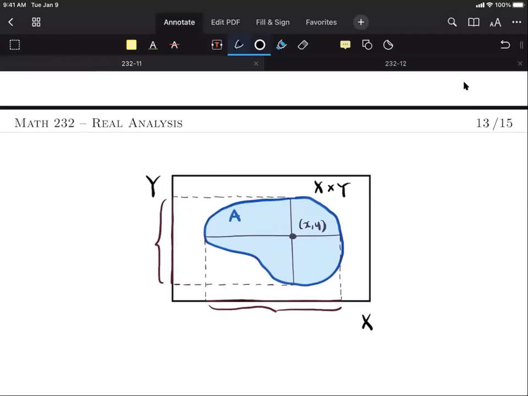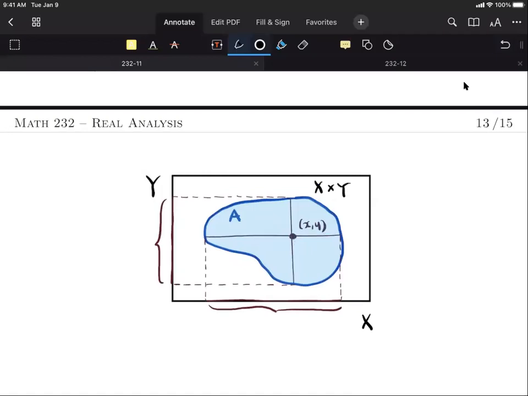And pick a point, an ordered pair (x, y), on the Cartesian product. In this illustration, we took a point inside A, but of course, you can also take a point outside A. So you draw this cross here.